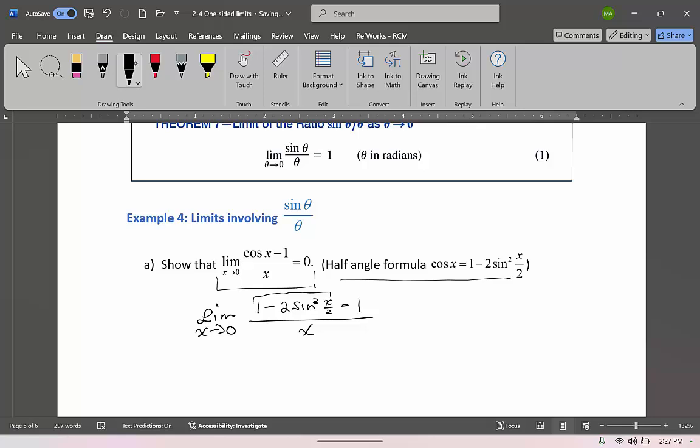And then, of course, those 1's will cancel, and so I'll get the limit as x approaches 0 of negative 2 sine squared x over 2, over x.